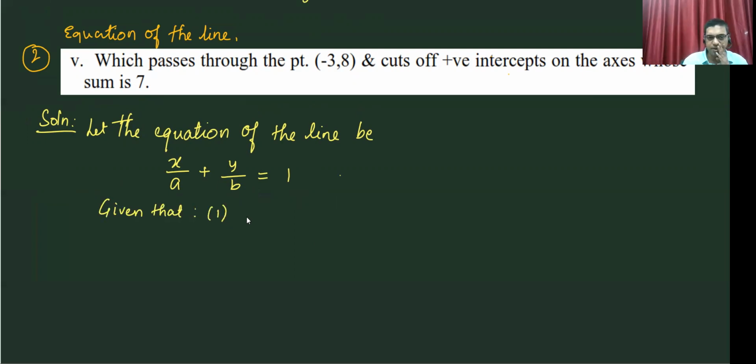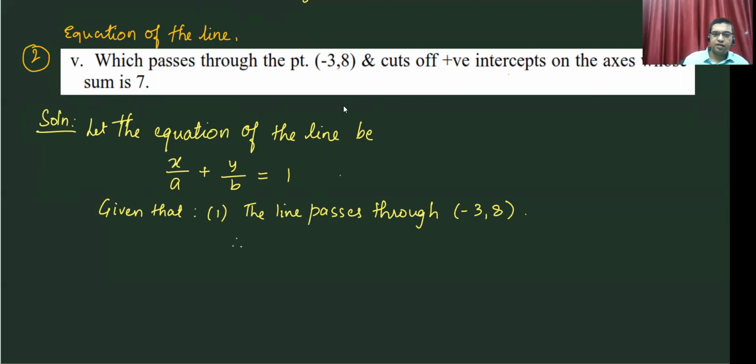First, the line passes through (-3, 8). When you substitute the point in the line, it should satisfy the equation. Therefore, you get -3/a + 8/b = 1. This is the first equation.